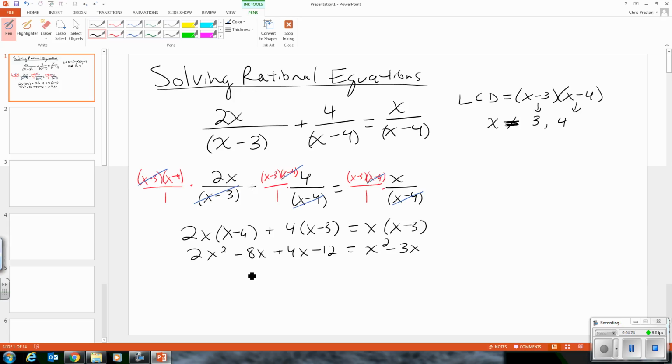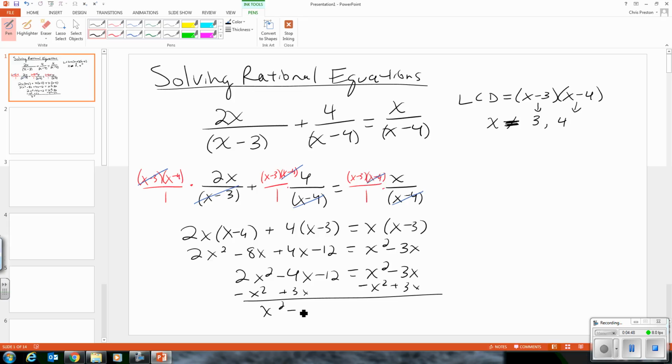Let's clean this up a little: 2x squared, negative 8x plus 4x is negative 4x, minus 12, equals x squared minus 3x. We have a quadratic equation, so we get it equal to 0: subtract x squared and add 3x. So you get x squared minus x minus 12 equals 0.